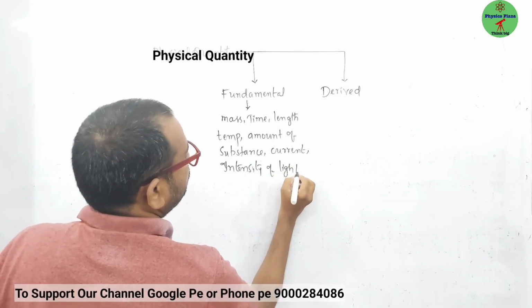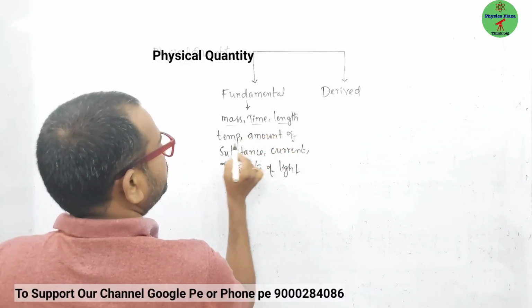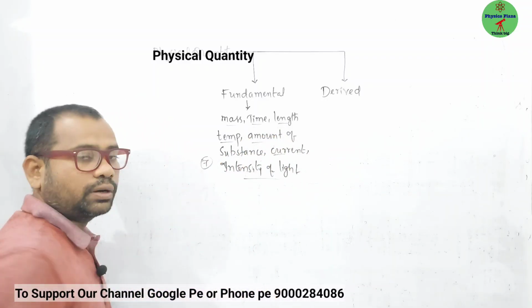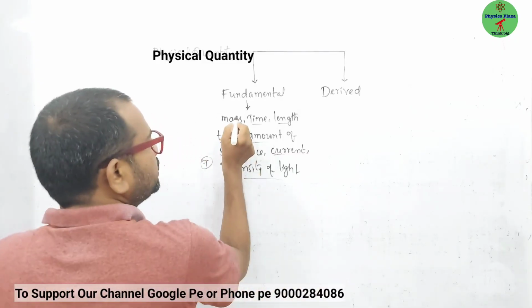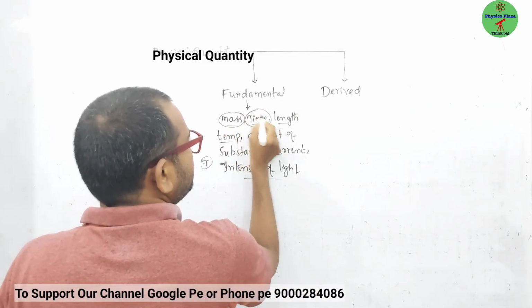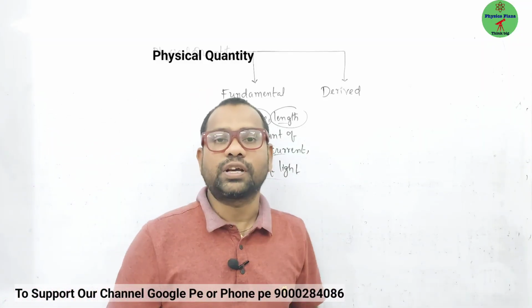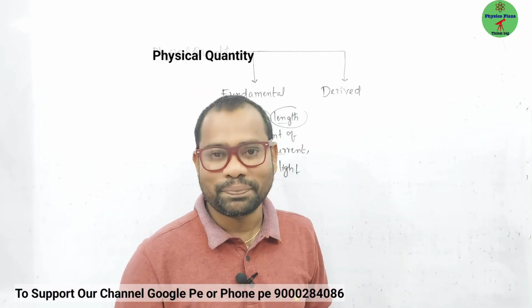How many did we get? 1, 2, 3, 4, 5, 6, 7. So you learn 7 fundamental quantities. But in class 6, we learnt about mass, time, length, temperature. So these 4 are important for us. The remaining are not required.